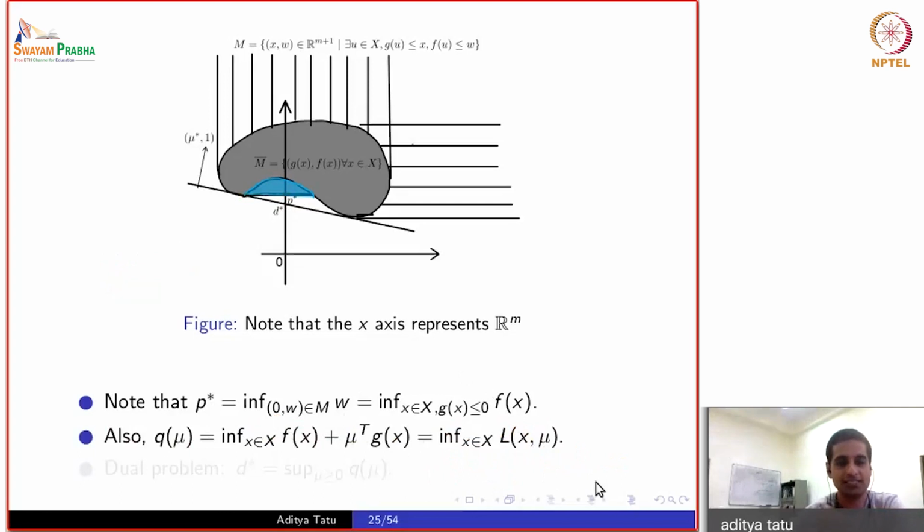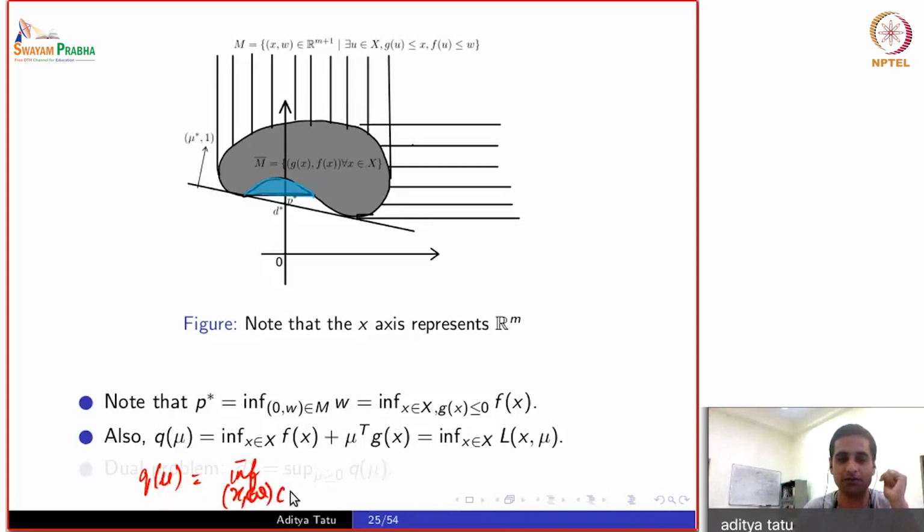Similarly, what is d star? So what is q of mu? Anyone who's still awake? Anyone want to specify what is q of mu?